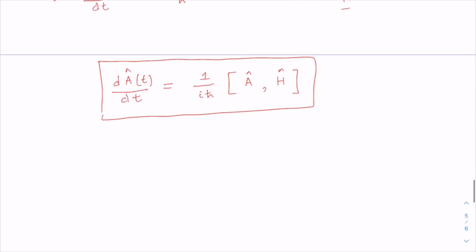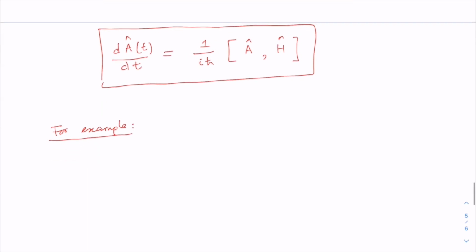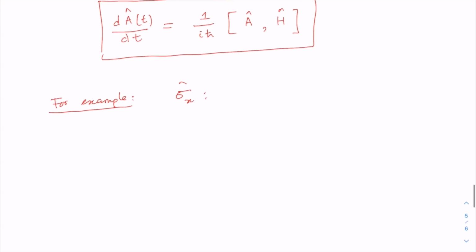Let us now apply this equation to the Pauli matrices. For example, let me first do it for the x component of the Pauli matrix, say for sigma x. Then this Heisenberg equation says we will have d sigma x/dt is equal to 1 by i h cross, the commutator of sigma x and the Hamiltonian.